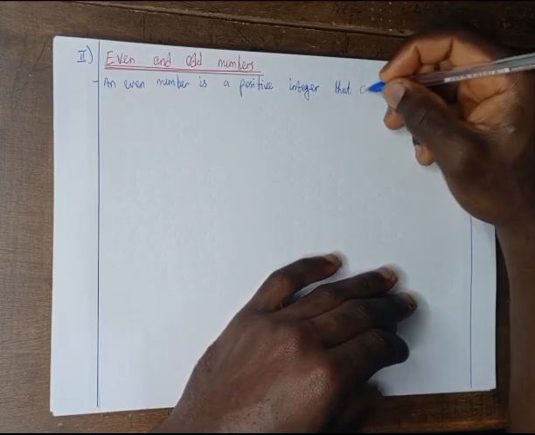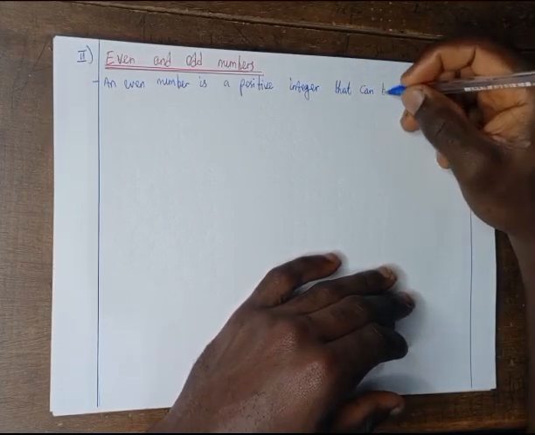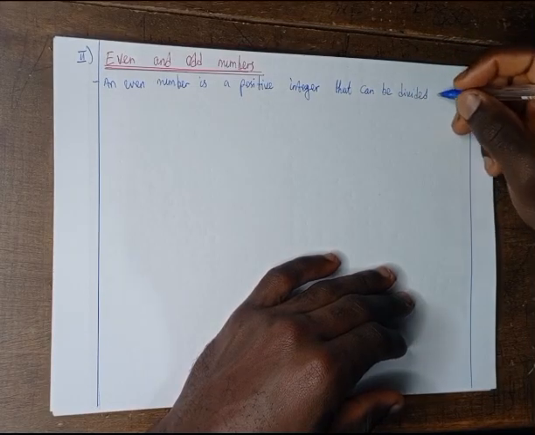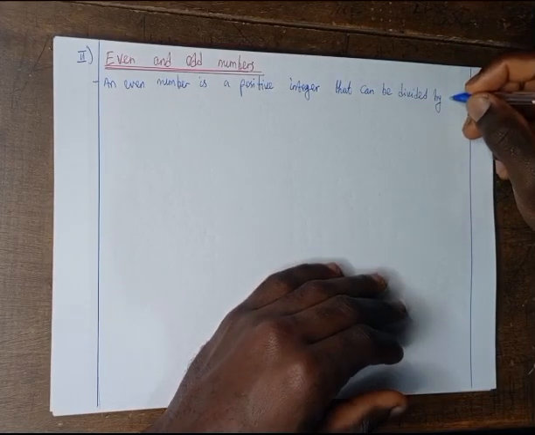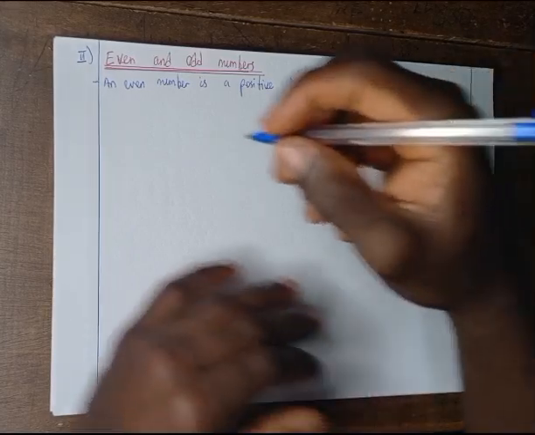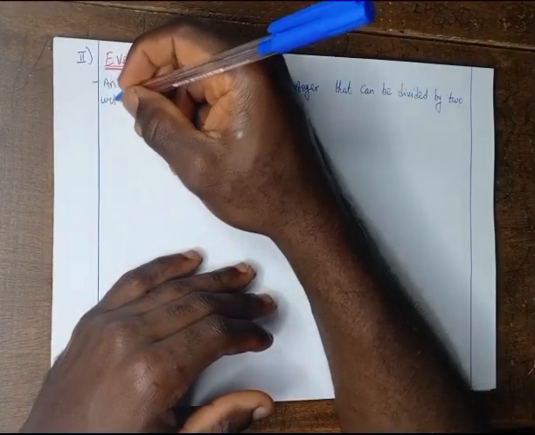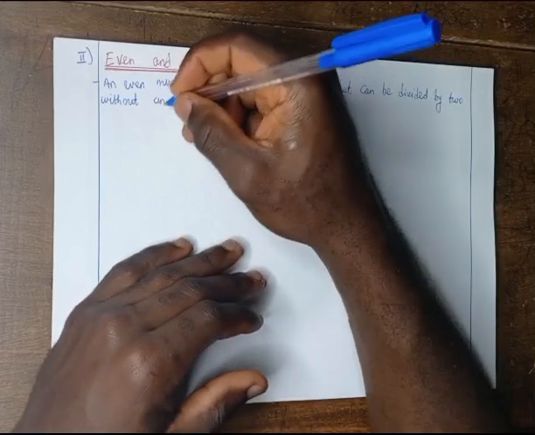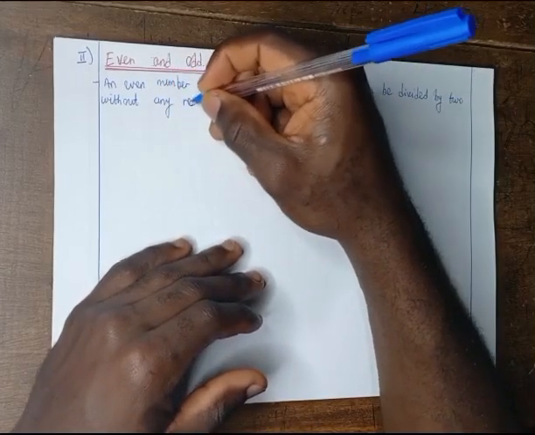that can be divided by 2 without any remainder.